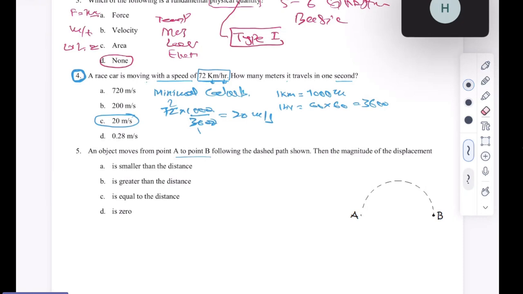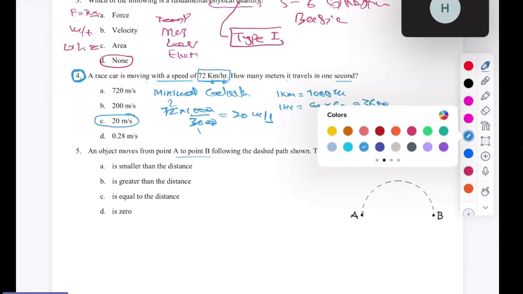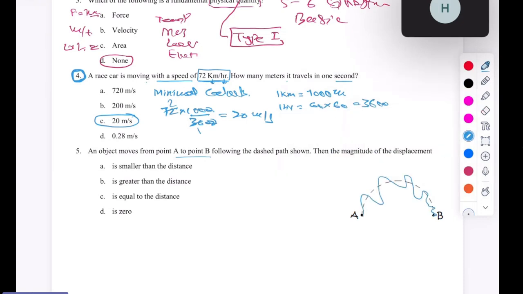It can move from point A to B over here, or it can move from here to B. The shortest distance is your displacement, and the length of the path is your distance. So he is asking you the magnitude of the displacement. Displacement is always shorter than the distance, or smaller than the distance.